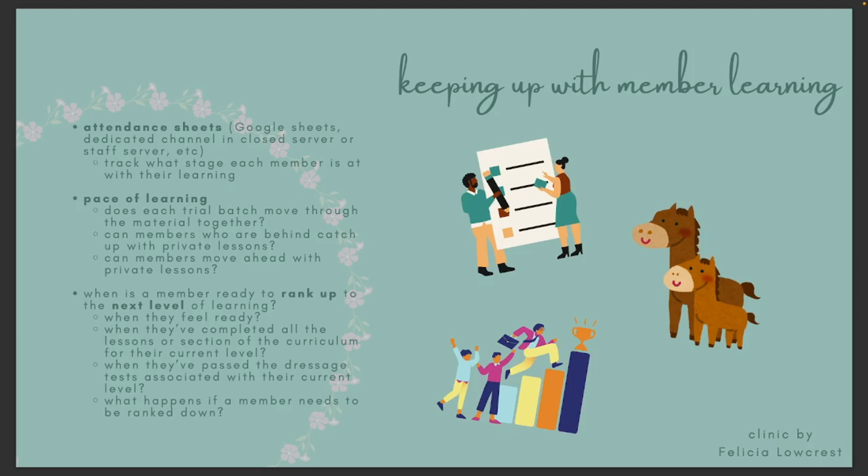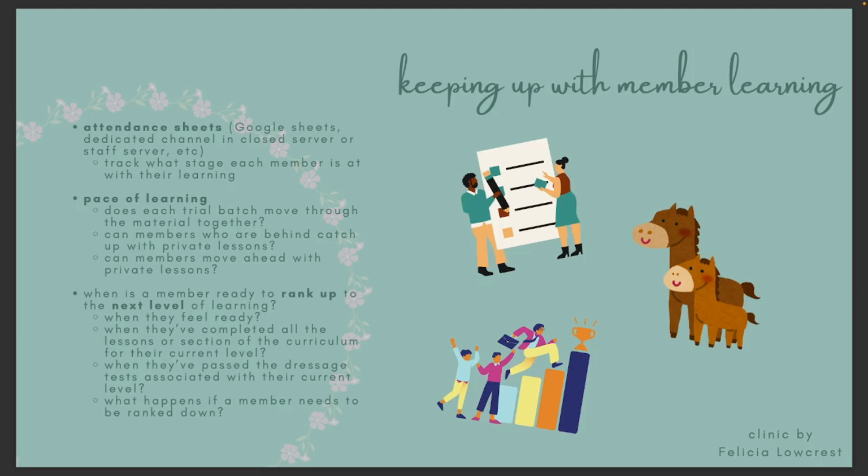And then finally, what happens if a member needs to be ranked down? Maybe you had a member who was super keen when they first joined. They speed ran your beginner, maybe even your intermediate lessons or curriculum, and then they get really busy and can't come to as many practices, or you see their quality of writing has gone down.